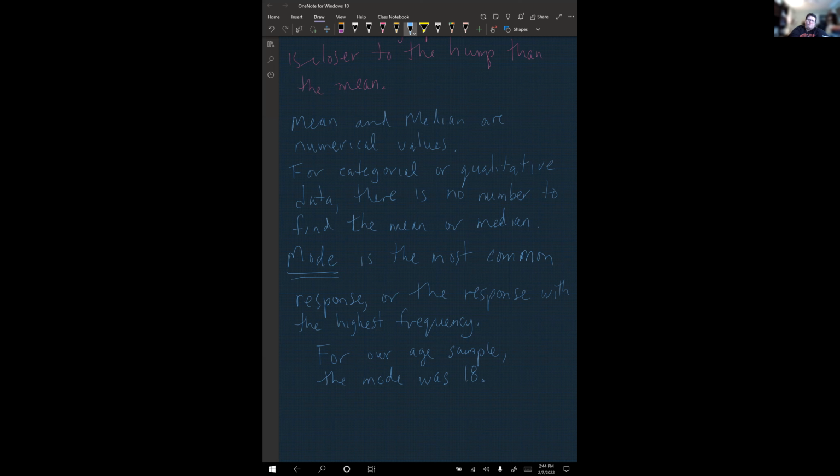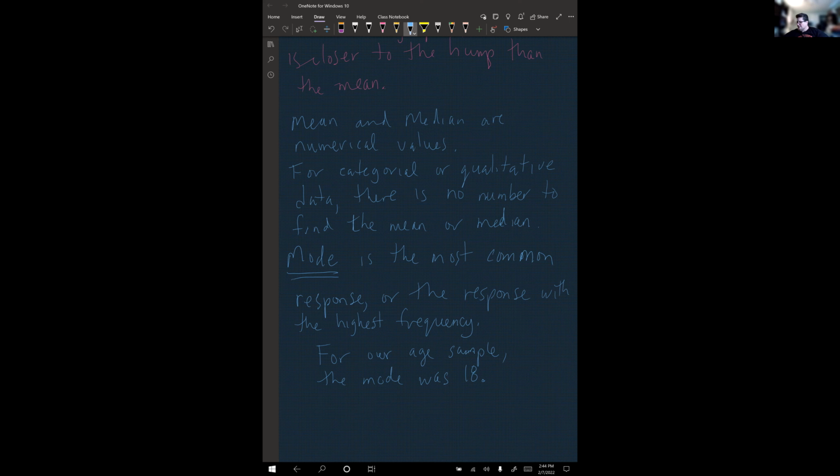We can definitely use mode for numbers, but it's the only thing we can use for things like hair color or favorite music group or whatever kind of question you have that does not have a numerical response. And even where a numerical response, like finding the average, doesn't make sense, like finding the average of zip codes, even though they're all numbers, it's foolish. So definitely mode is the multi-purpose one.